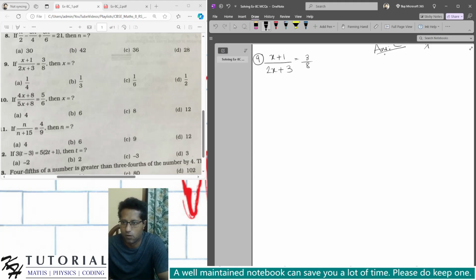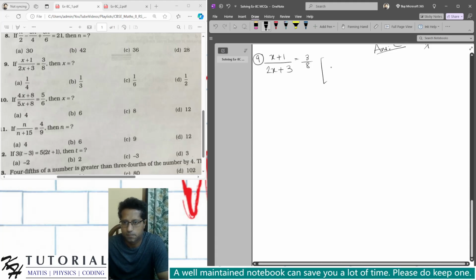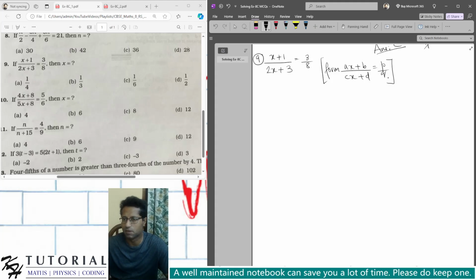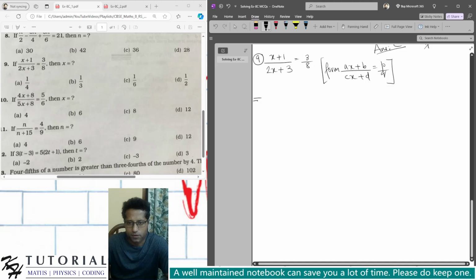So it is of the form ax plus b divided by cx plus d is equal to p by q, where a, b, c, d and p and q are some constants. So we apply cross multiplication to solve this kind of equation.